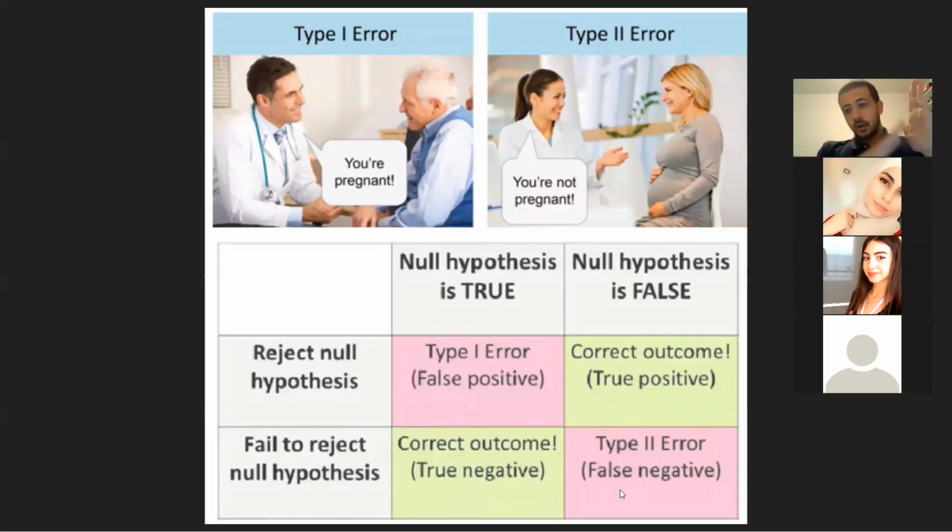Or the other type of error: I come to somebody who is special and who has a baby, and I tell her, you do not have a baby. So I fail to reject the null hypothesis. I say that you are not different. You are like everybody in the population, while she is actually special. Is that clear?